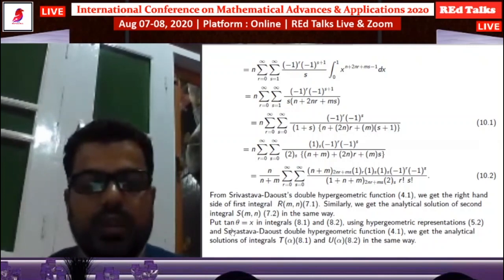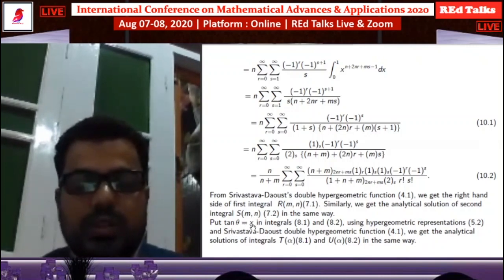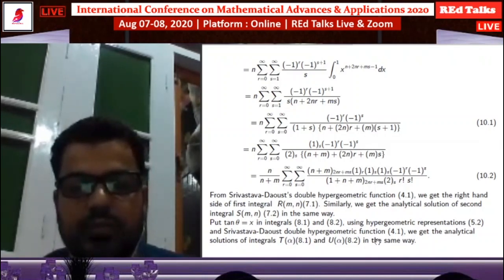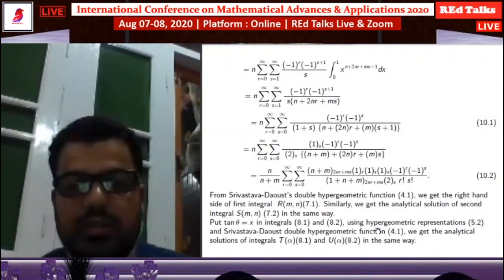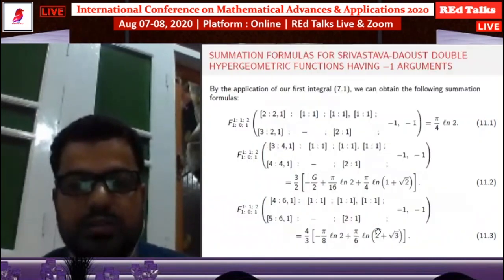And similarly, we can get the rest of the three integrals, and in the second integral we put tan theta equal to x, and using hypergeometric representation similarly, and the hypergeometric representation of logarithmic functions and Catalan constant, we get the result of the rest of the three integrals.